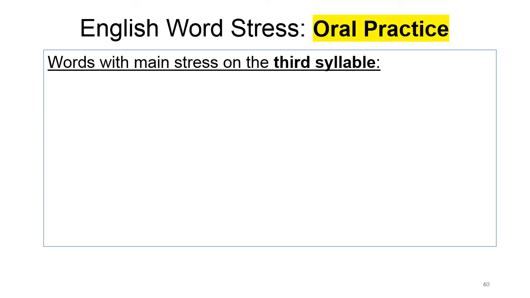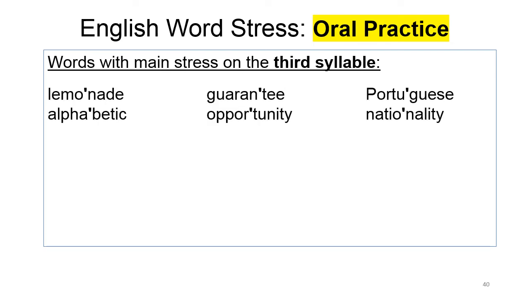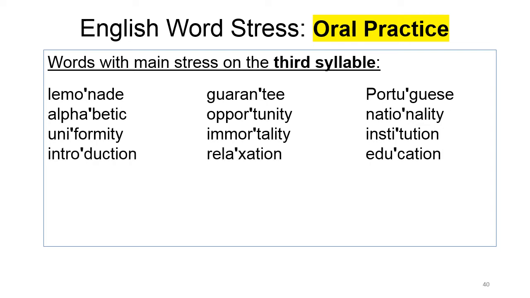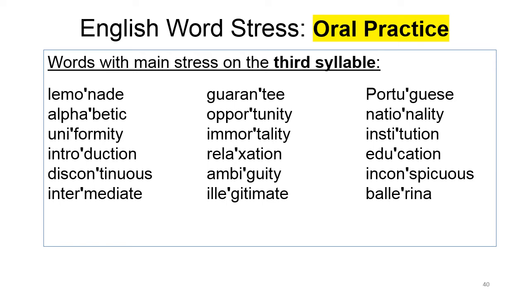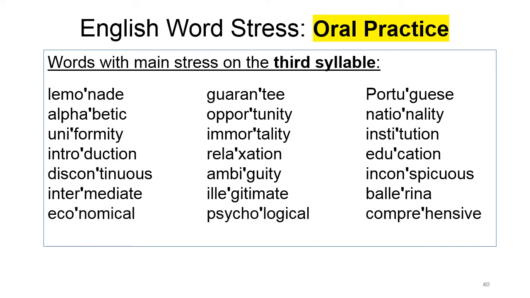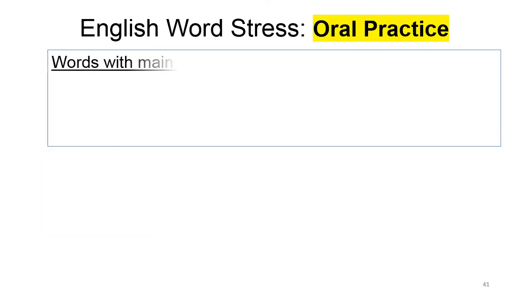Words stressed on the third syllable: lemonade, guarantee, Portuguese, alphabetic, opportunity, nationality, uniformity, immortality, institution, introduction, relaxation, education, discontinuous, ambiguity, inconspicuous, intermediate, illegitimate, ballerina, economical, psychological, comprehensive, supernatural, disinfect, correspond.